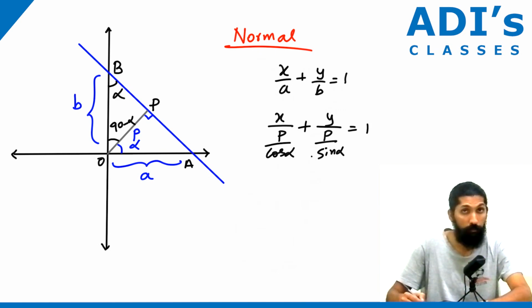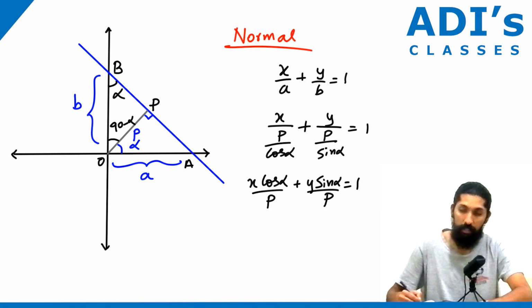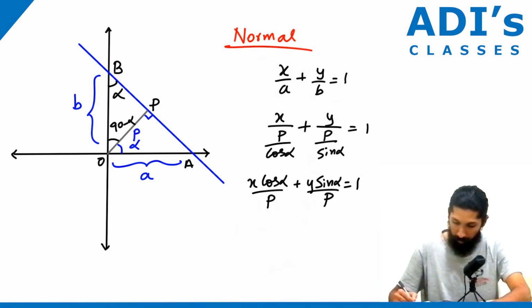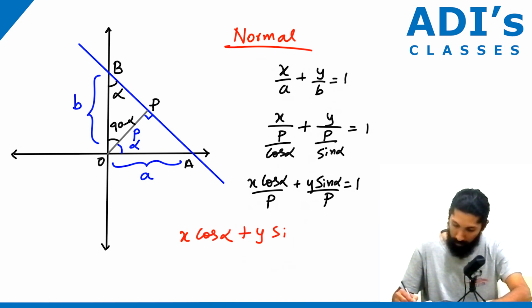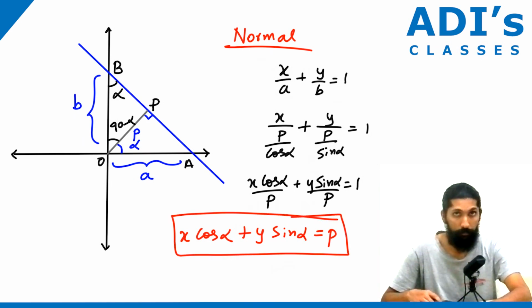The cos alpha and sin alpha go to the numerator: x cos alpha by P plus y sin alpha by P is equal to 1. If you take the LCM and take the P to the other side, finally the equation becomes x cos alpha plus y sin alpha is equal to P. This is what we call the normal form.